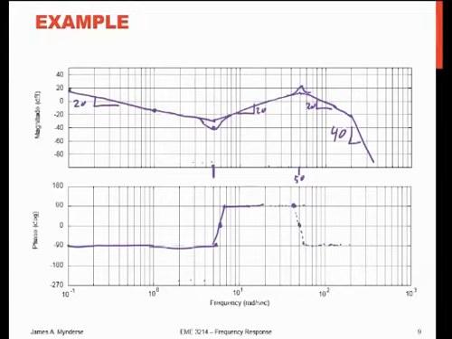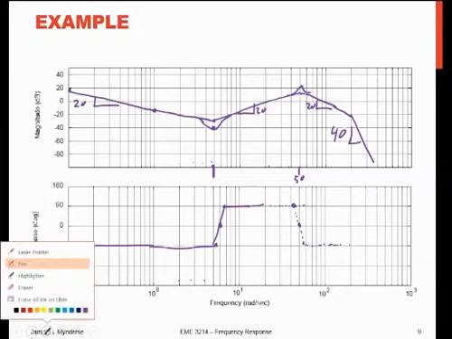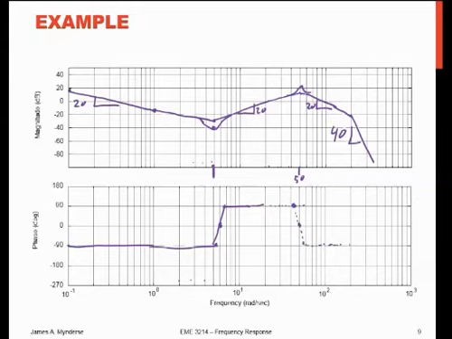And I have my zero here, I'll just draw it up here. I'm going to change colors, because otherwise it's going to get too confusing. My last pole has a phase that goes from 0 to minus 90. It passes through 45 right there, if I was just to draw it by itself, and then it goes to minus 90 somewhere out here.